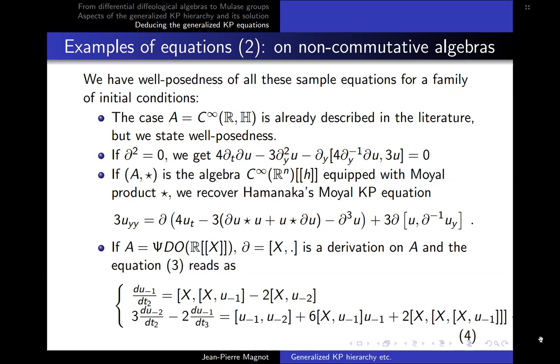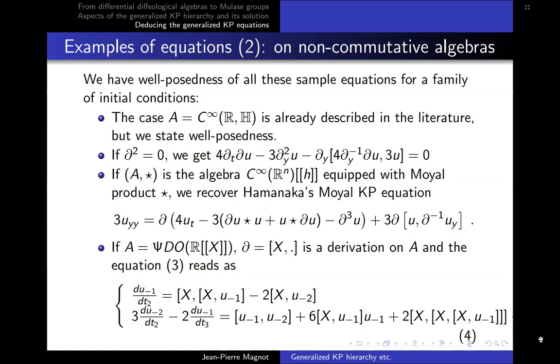U minus 1 and U minus 2 are pseudo-differential operators, which means that they have an infinite number of coefficients, so that each equation gives an infinite number of equations in R of X, and these equations have to be first stated and investigated.